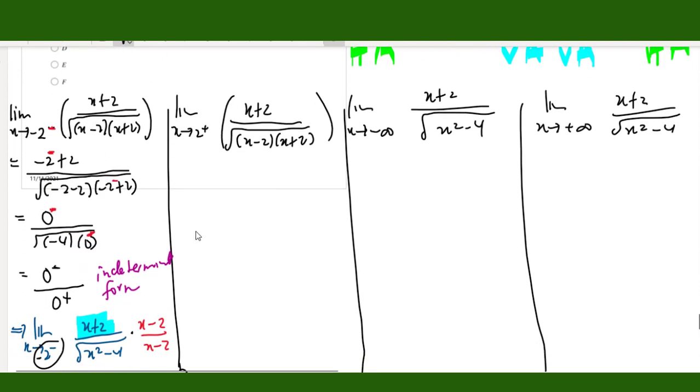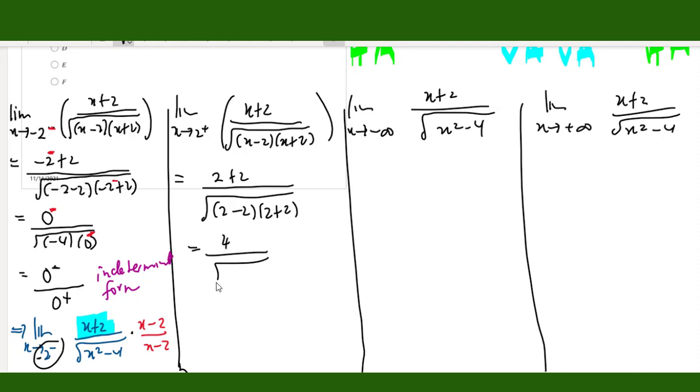And for x approaches 2 from the right, first substitute: 2 plus 2, 2 minus 2, 2 plus 2. So it is 4 over 0, and 4 over 0 is equal to infinity.